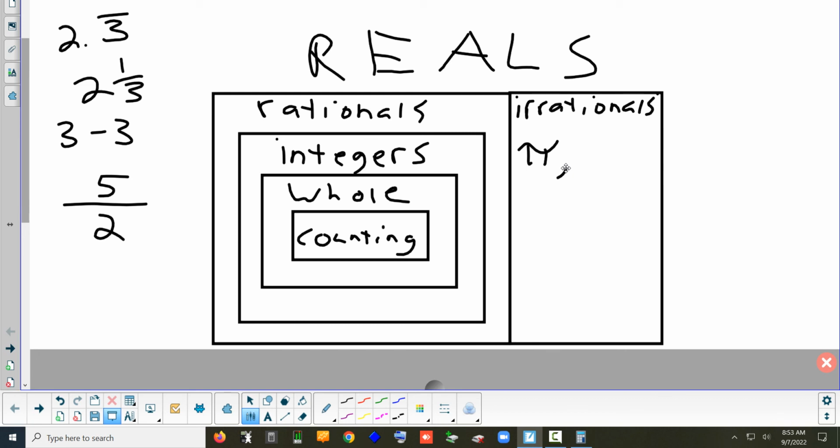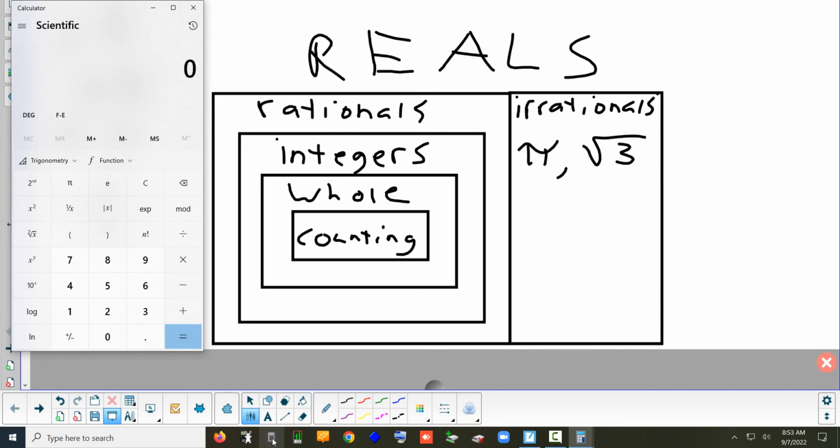The square root of 4 or the square root of 9, those are different; you get nice answers for those. But I'm talking about a number that you take a square root of and the answer doesn't come out. The square root of 3 is an irrational number. You take 3, take the square root, and it just keeps going. There's no pattern to it, and you can never write it as a fraction.